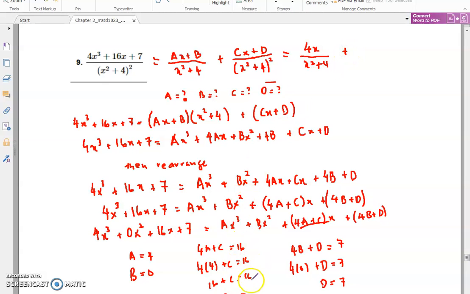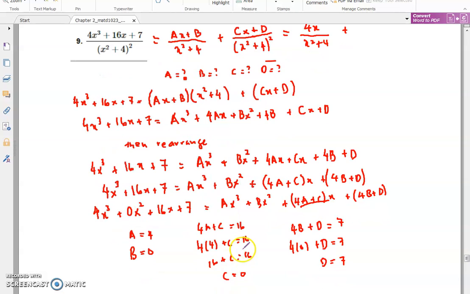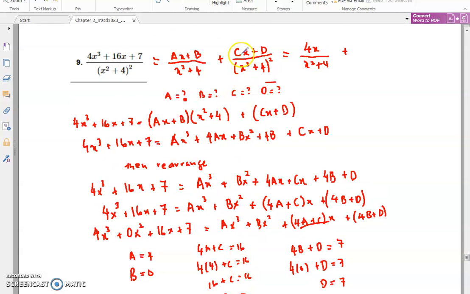Plus cx, and since c is 0, 0 times x is 0, and d is positive 7, so you are only left with 7 over (x squared plus 4) squared. So this is your partial fraction now.